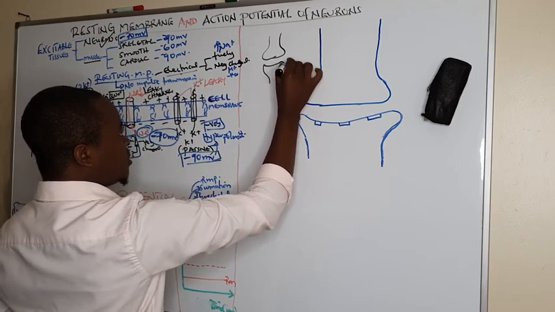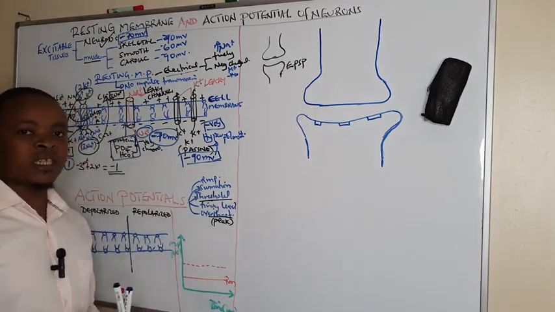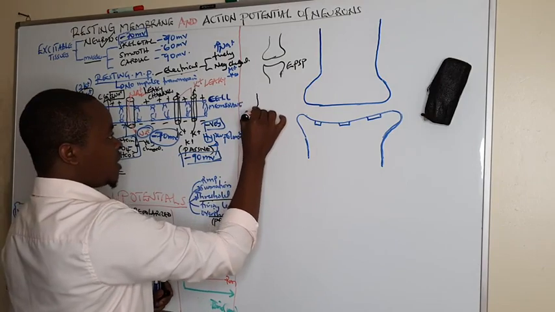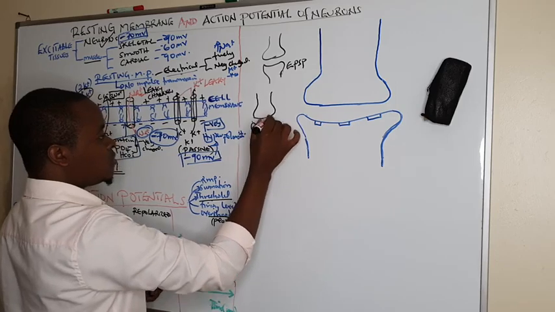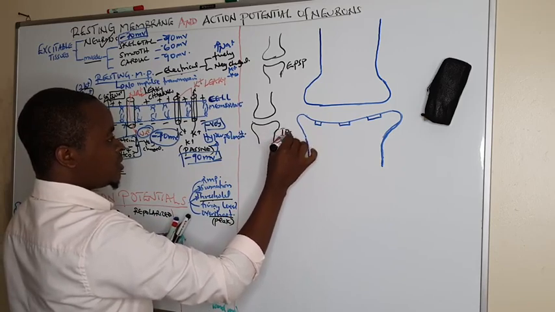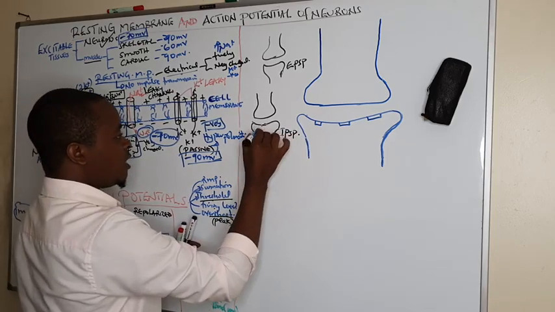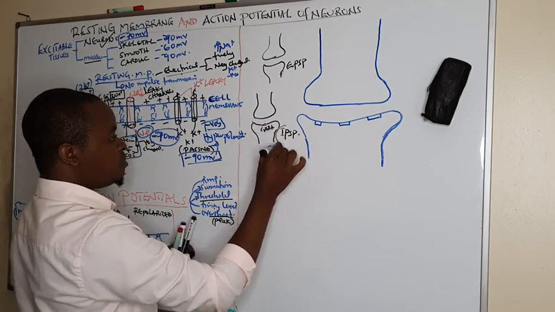They act by producing EPSPs, excitatory postsynaptic potentials. Other types of neurons produce inhibitory postsynaptic potentials, like the GABA ones. Those which have GABA receptors produce IPSPs.